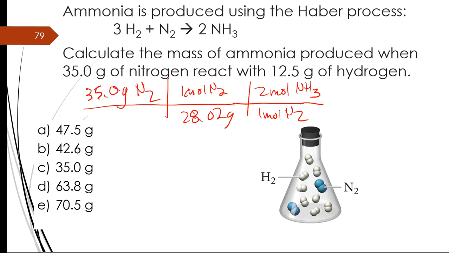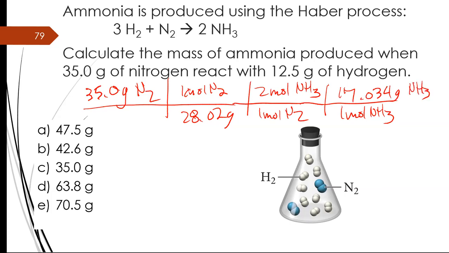And then we can go ahead and turn that into the mass as well. And 1 mole of NH3 is 14 plus 3, 17.034 grams of NH3.